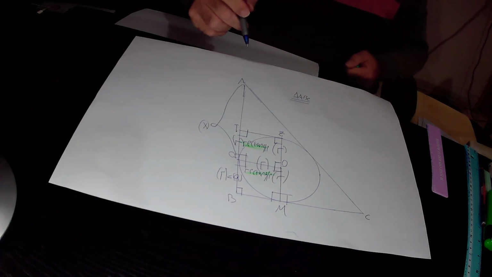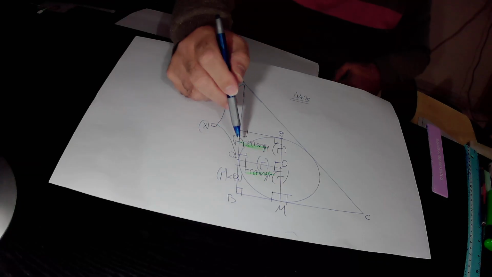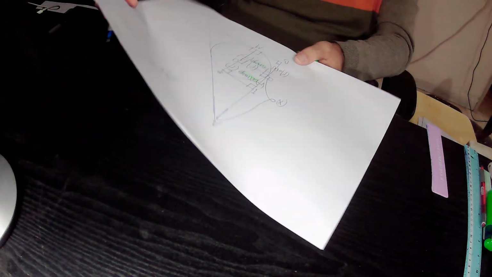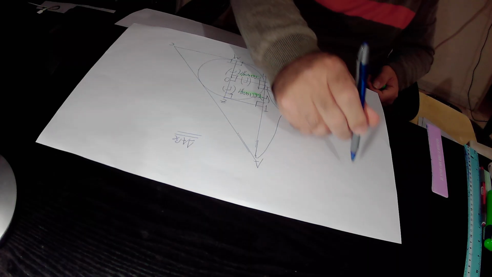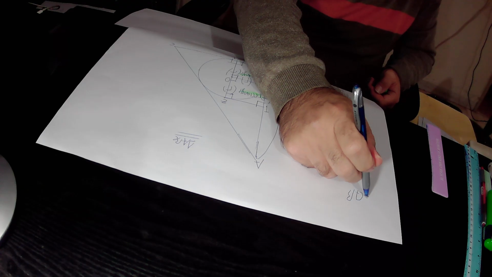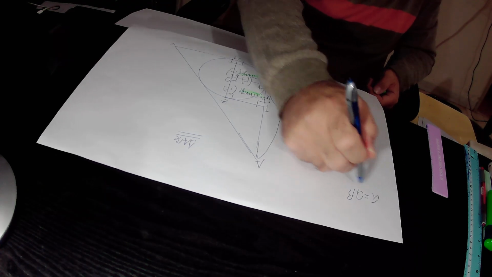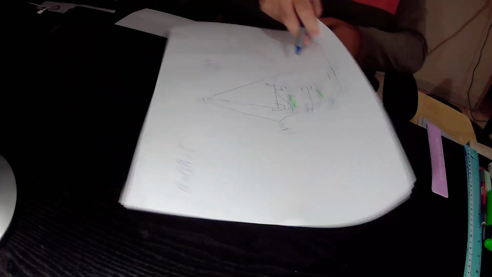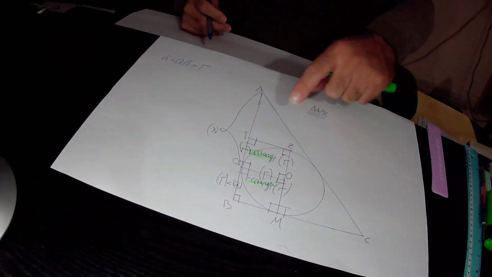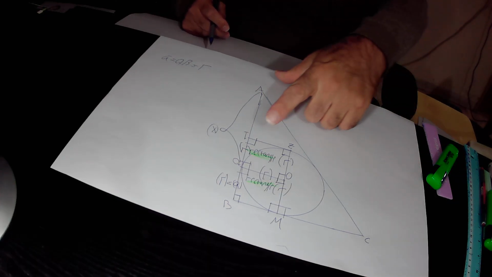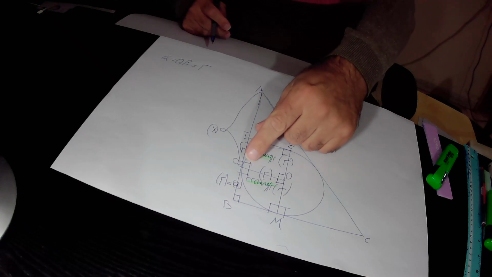We already found out that QB equals A and QB also equals R. So write it down. What about line segment AQ? AQ equals X, but AQ consists of two line segments, AT plus TQ.